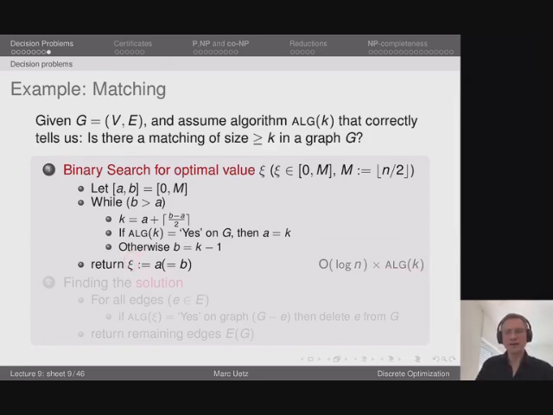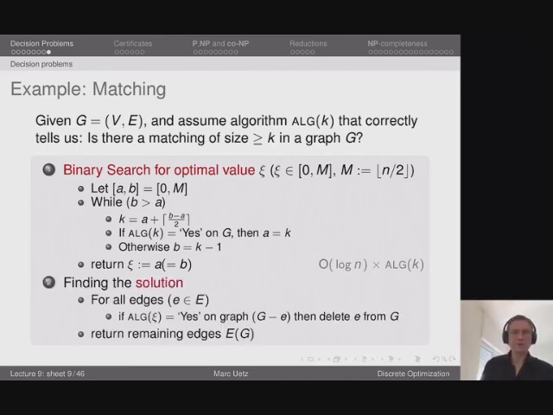So now we know the optimum solution value, the size of the maximum size matching. How do we find the solution itself? Knowing the optimum solution value, finding the solution is also easy. We go over all the edges of the graph, and we ask, is the answer still yes? Does there still exist a matching of the optimum maximum size if I remove the edge e?